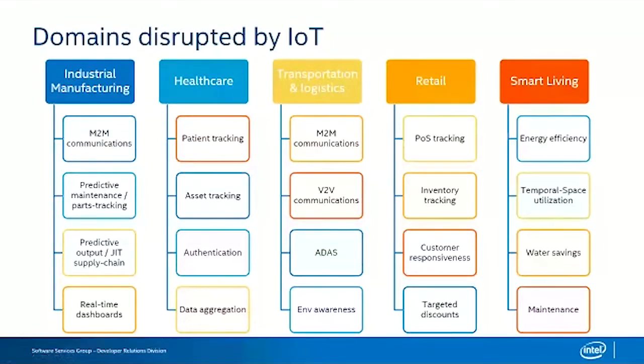And so machine-to-machine communication enables this equipment to run very efficiently and helps in predictive analytics. I'll talk a little bit more about that in more detail in an upcoming foil. Likewise, with healthcare, you have issues around patient tracking, asset tracking. Authentication is a really big deal, obviously because of privacy and other issues.